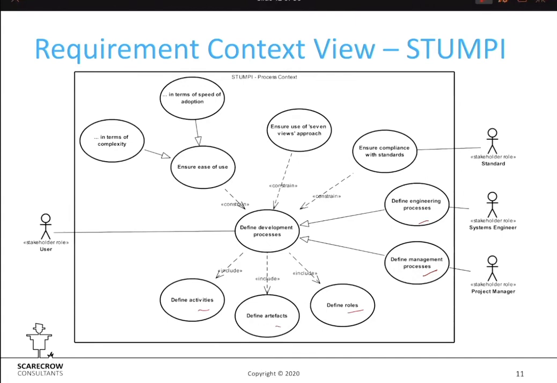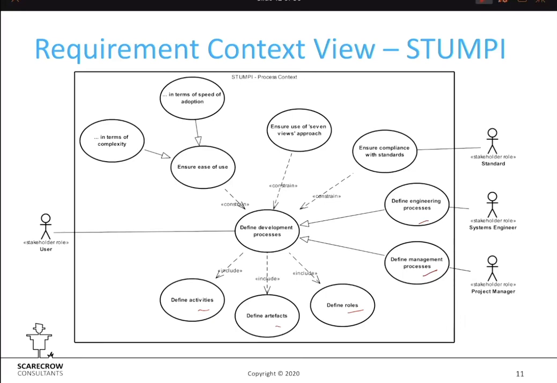We wanted to make sure that the definition used the 7 views approach, that it was compliant with standards, in this case 15288, and we wanted it to be easy to use, because it was a process set to use in universities and in training courses.